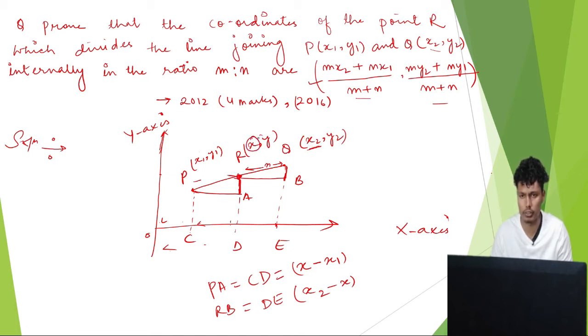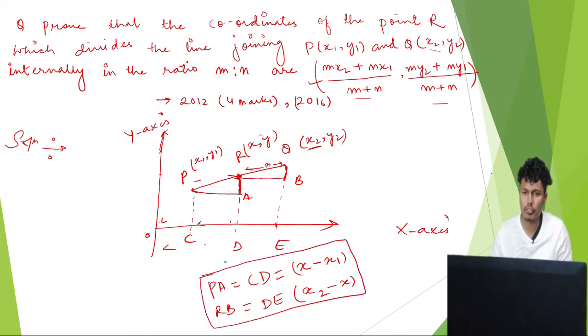I hope this is also clear to you. Now let us find the distance from A to R. So the distance from the ground till here. Let me write it down here.